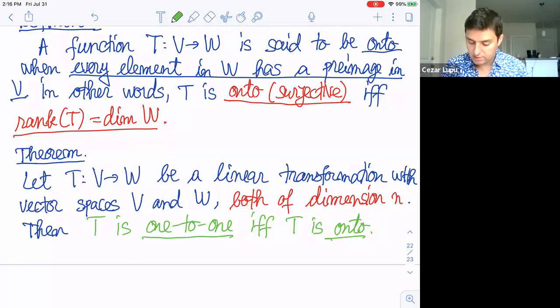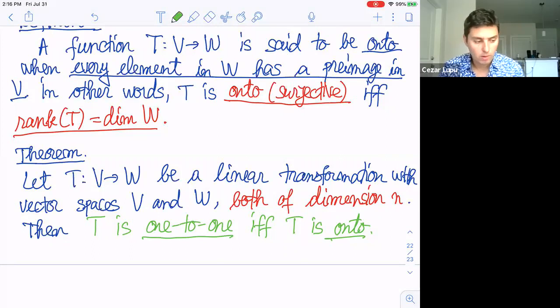All right, so I think these are the most important things that you need to know for 1-to-1 and onto linear transformations.